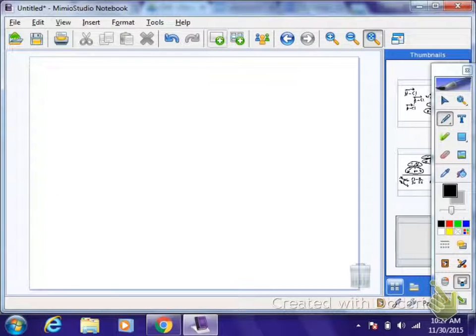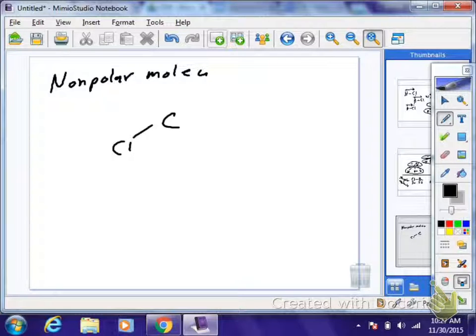All right? Here's a situation where we have polar bonding, but we don't have a polar molecule. So this goes under nonpolar molecule. So chlorine is 3.0. I'll just show one of them. I'm not going to show all of them.